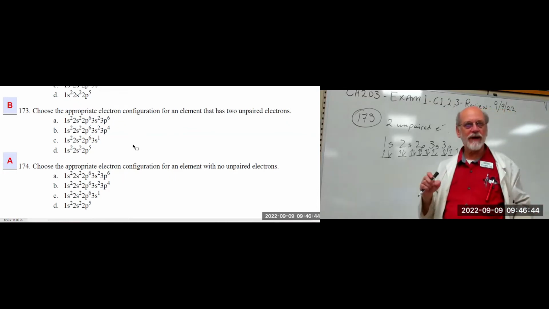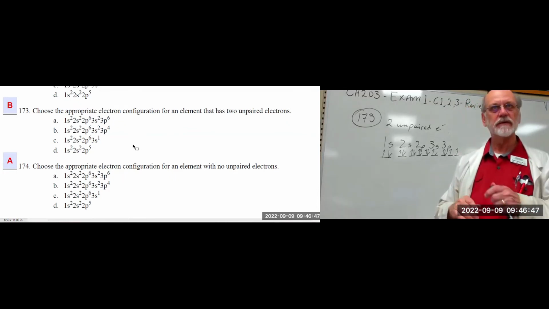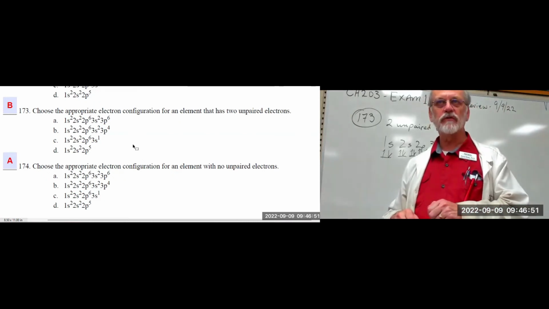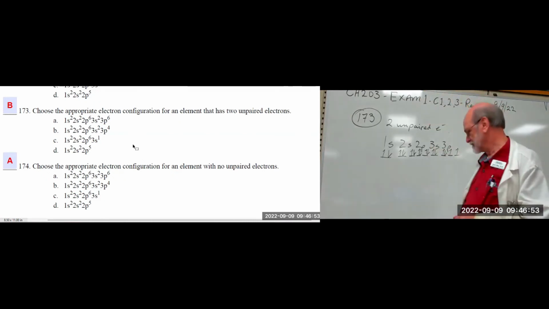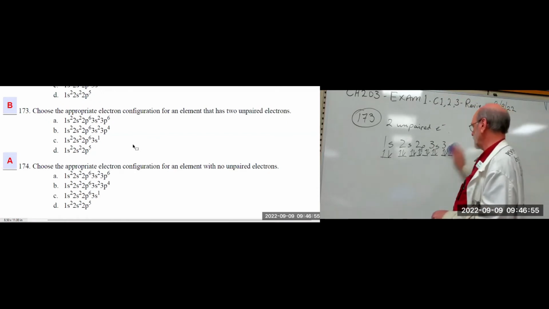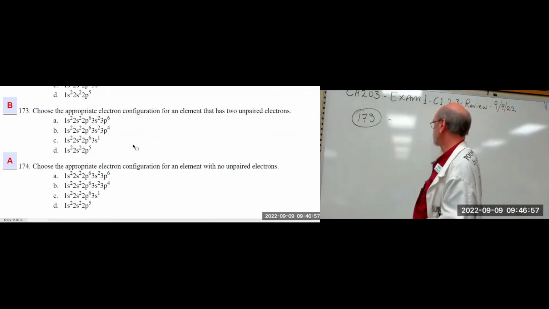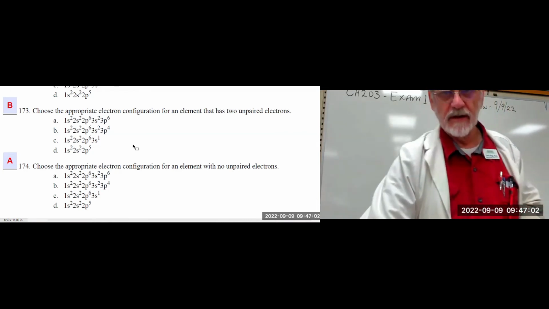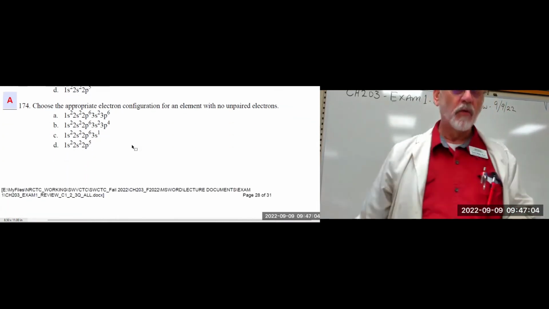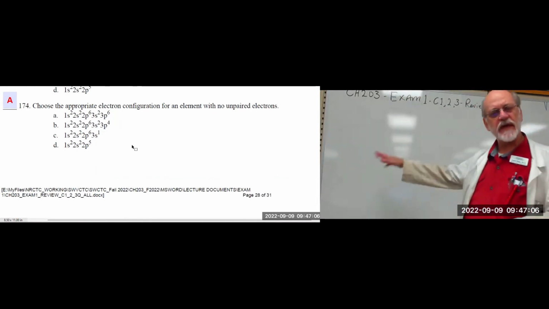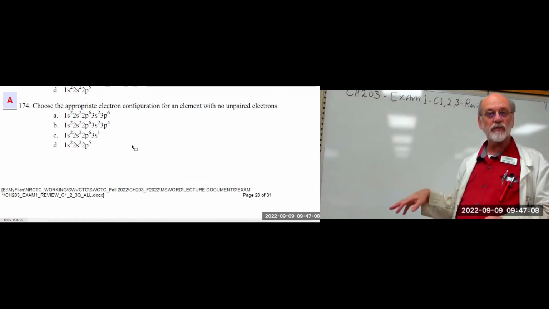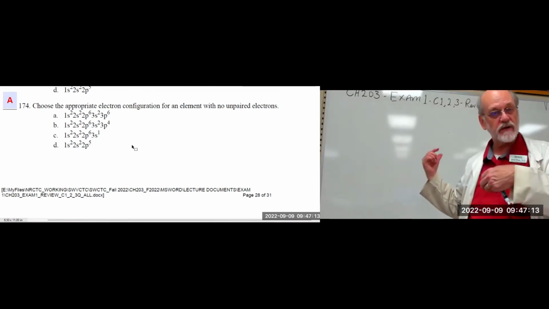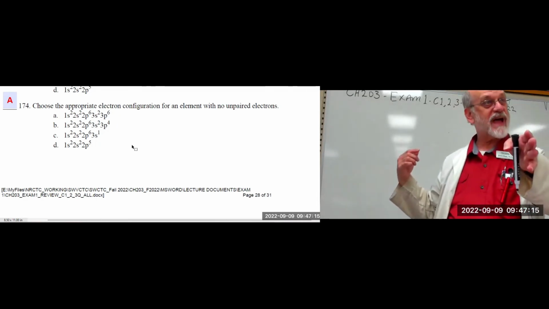Okay. Did everybody see how I solved that problem? You could almost call it brute force. Let's see. 174 goes through, I would go through that same procedure and find no unpaired electrons. And then as I get to unpaired, I look and see, is anything matching that one?